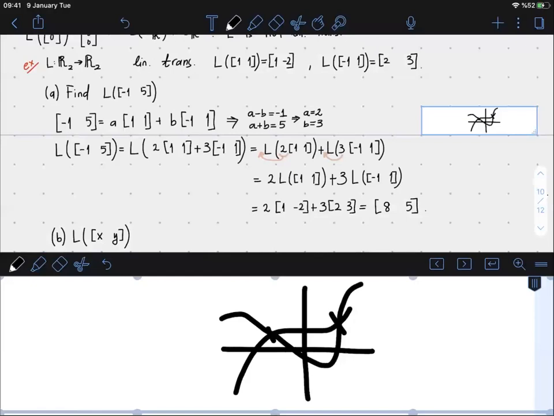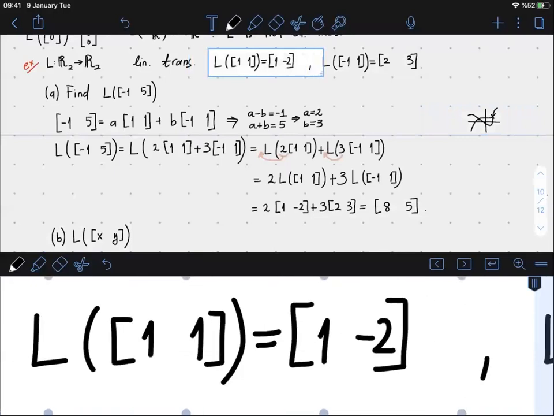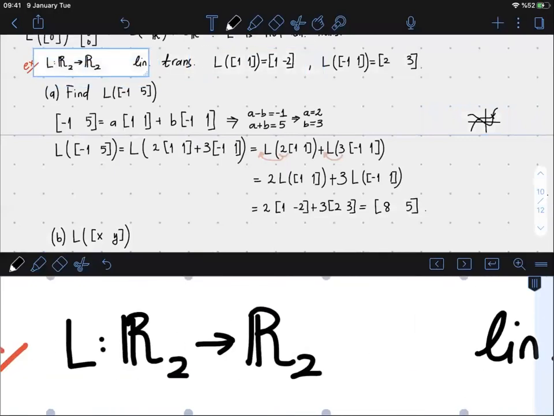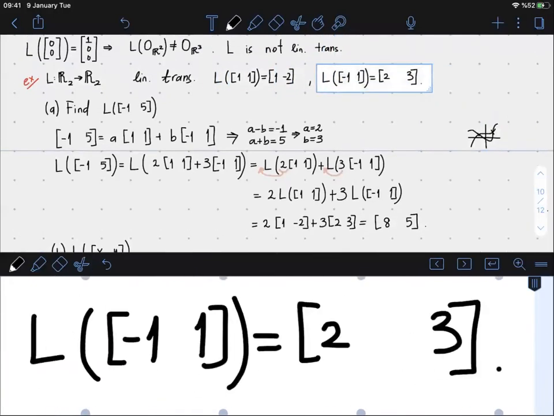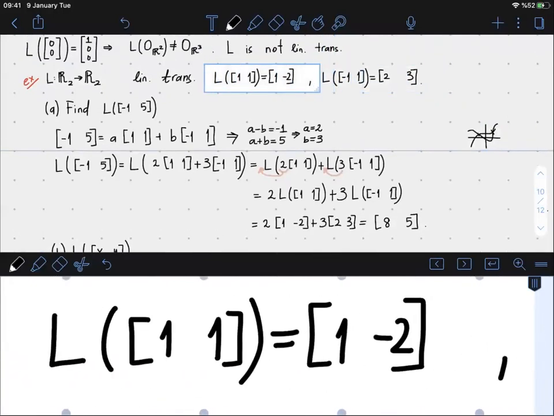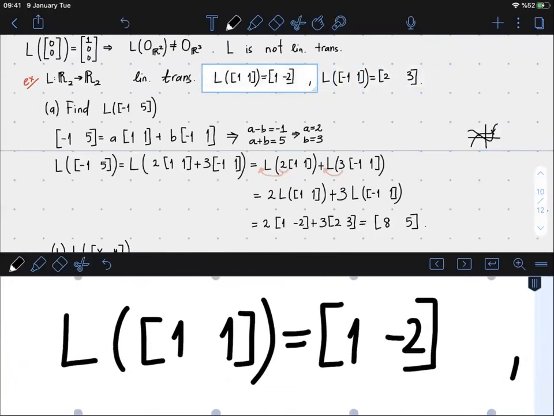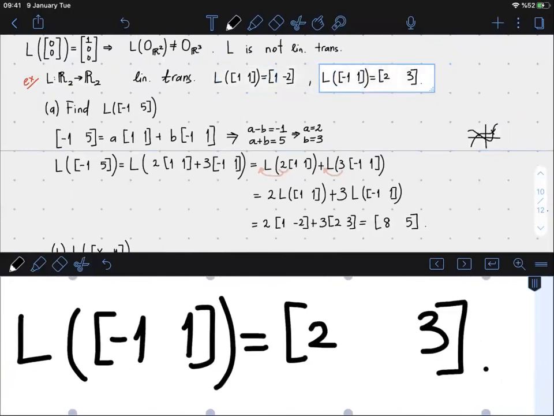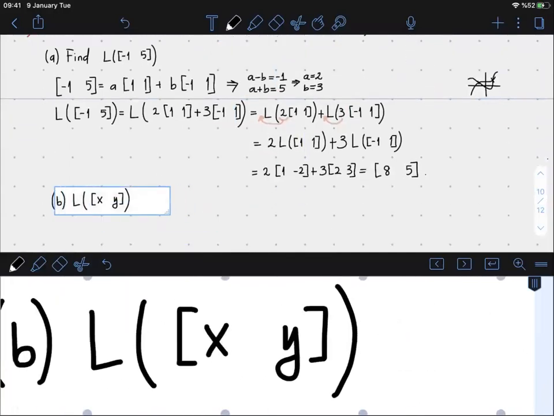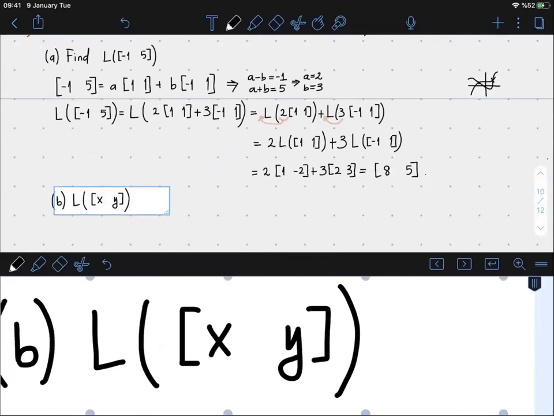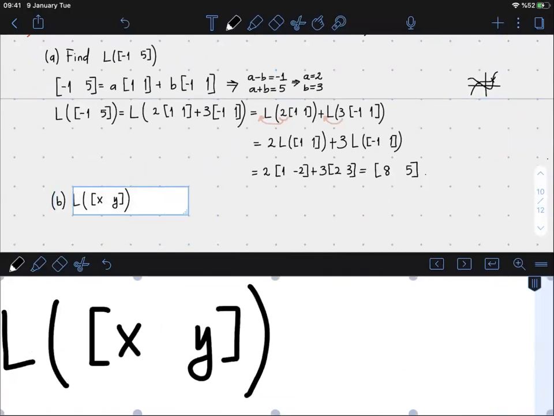But it turns out that for linear transformations between R2 and R2, it is sufficient to know the value of the function at just two vectors. If you know that, you know the value of the function at any vector. That's interesting. So this linearity property is a very strong property. So how does this work?